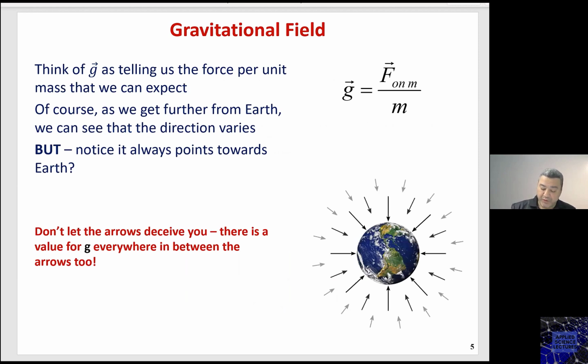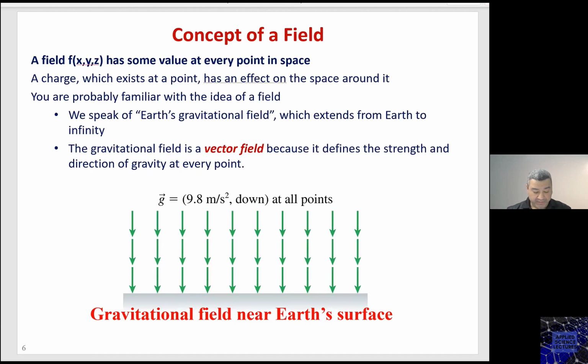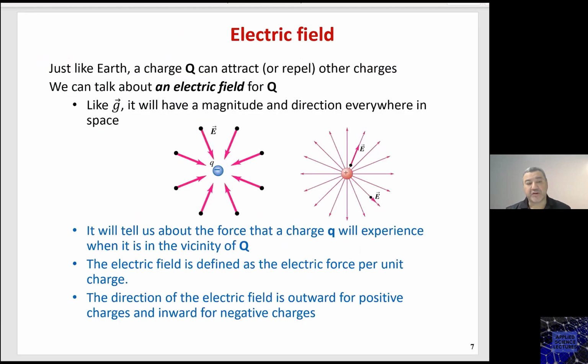If we look at the Earth from far away, I can see that this gravitational field is always pointing toward the Earth. However, the magnitude is different based on how far the mass object is from the Earth. As we will see later on, this is no different than the electric field.